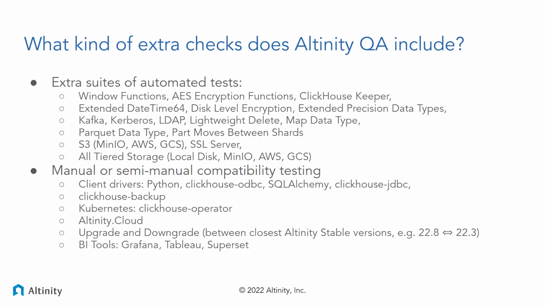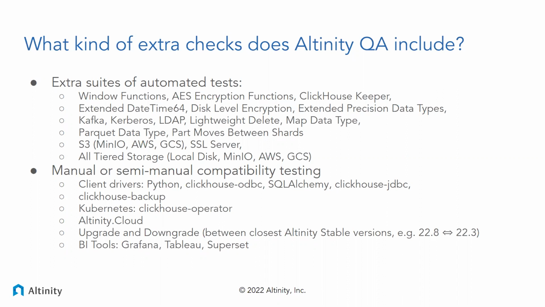And also after having run automated tests, our QA team actually does a lot of manual or semi-manual compatibility testing. They test compatibility with various client drivers like the ClickHouse Python driver, ClickHouse ODBC, SQLAlchemy, ClickHouse JDBC.